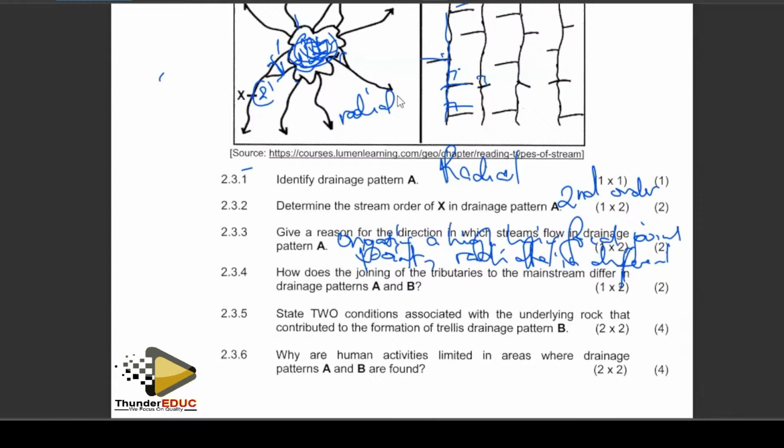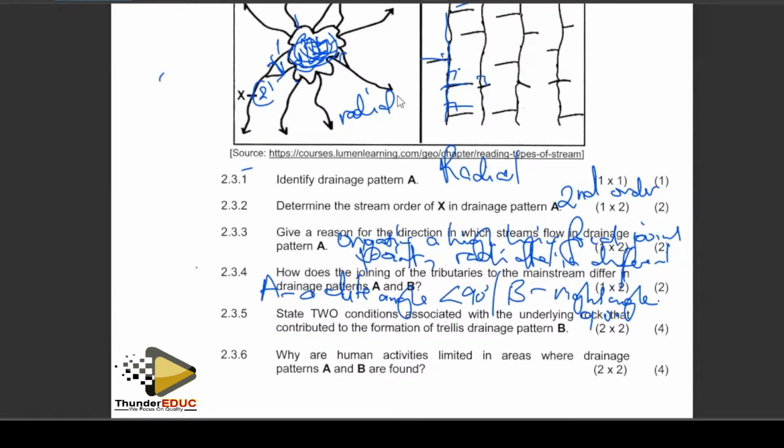And here, the angle, that's the difference that is required there. So in A, the tributaries join at acute angles. Acute angles, which means an angle less than 90 degrees. And in B, they are joining at right angles. And the right angle, meaning to say is 90 degrees.